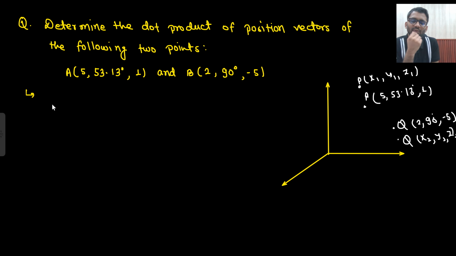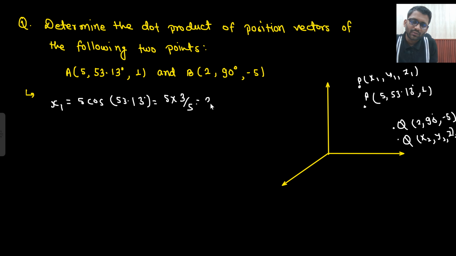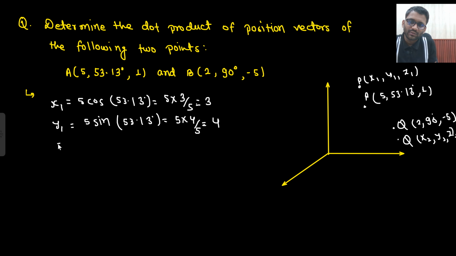So let's find out the values. x1 will be 5 cos 53.13 degrees, that is 3 by 5 times 5, so 3. y1 will be 5 sin 53.13 degrees, that comes out to be 4. And z1 is 1 only. So your position vector OA is 3 ax cap plus 4 ay cap plus az cap, right?